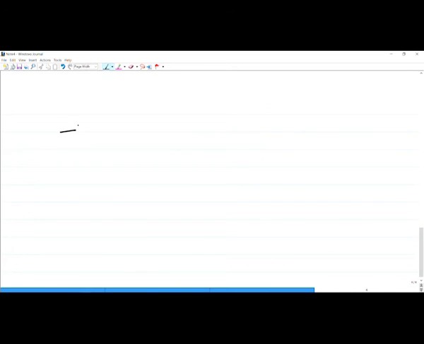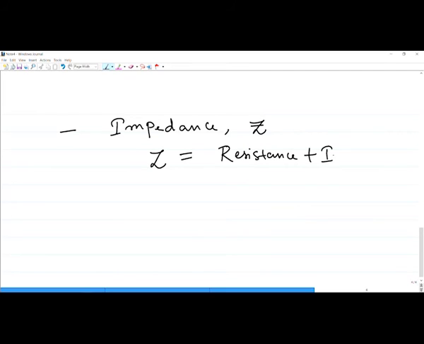Finally, we derived this parameter, impedance, which we will call Z from now onwards, and this is the sum of the resistance and the inductance of the conductor in which the current is flowing.